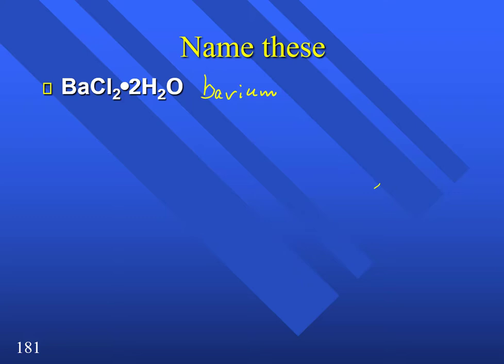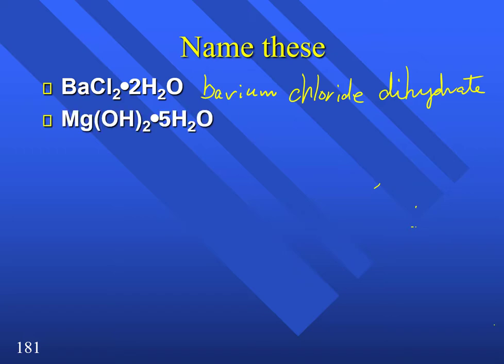It's in group 2A, so it doesn't need Roman numerals. Cl is chlorine, but it's acting as a negative ion, so I change this to chloride. And then I have to say two waters. Dihydrate. Ta-da. Earth-shattering, right? See how much pent-up energy they have.